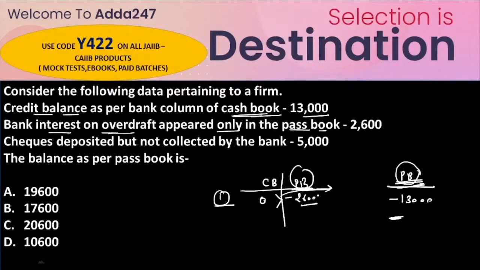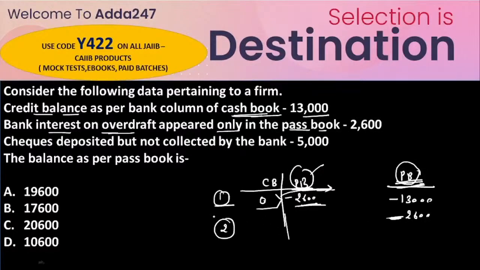Suppose that the passbook balance is more than the cash book balance, say plus 2600 rupees, then we put the value with a positive figure. But in this question, for the first condition, minus 2600 is given, and for our cash book this balance is zero. So in this first condition the passbook balance is lesser than the cash book, so just write the negative figure here, by the value minus 2600 rupees.